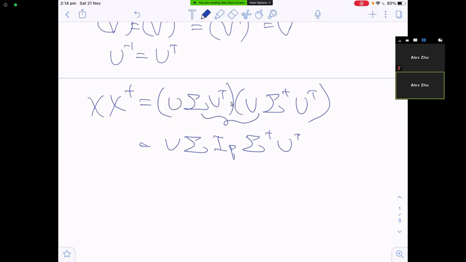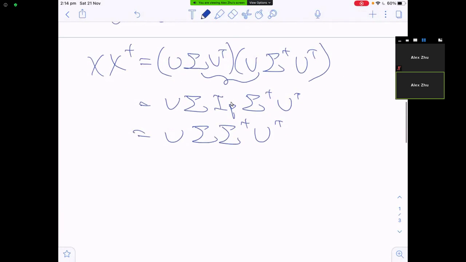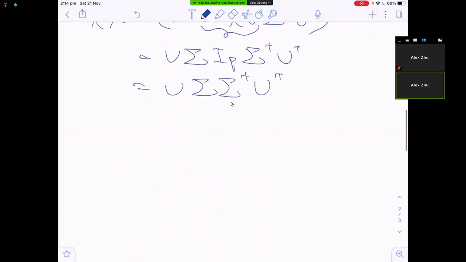What do we know about sigma? Let me write one more line, so get rid of the I. Now sigma you can think of as a diagonal matrix with square roots of eigenvalues ordered from largest to smallest.